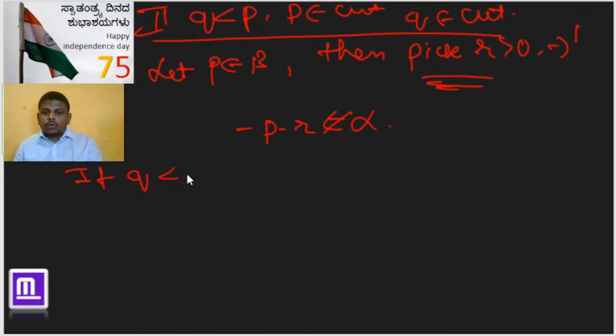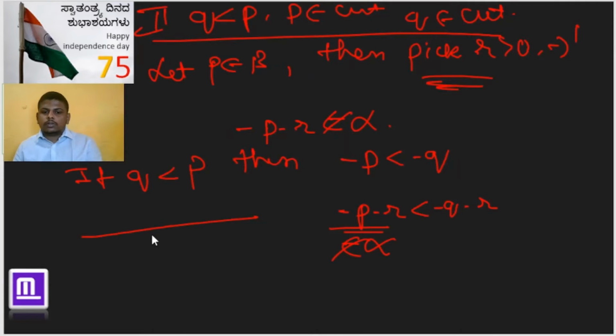If q is less than p, then what happens? Minus p is less than minus q. Then minus p minus r is less than minus q minus r. We know that this is already not belonging to alpha.